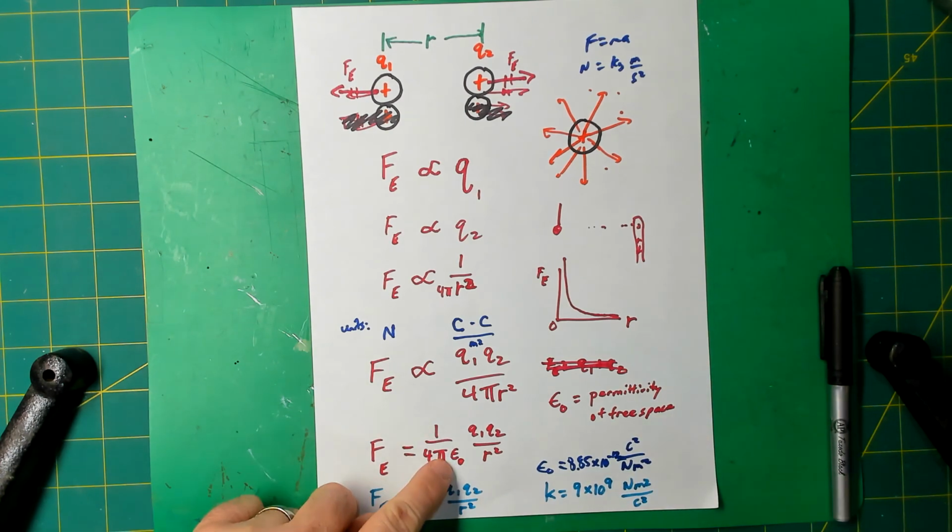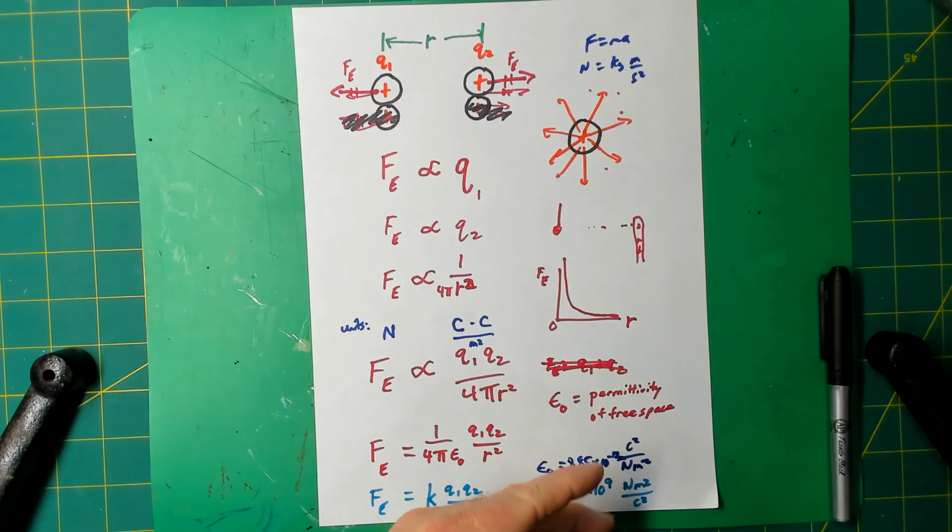See how the epsilon's in the bottom, this is on top, so the units are flipped upside down. Anyway, 9 times 10 to the 9 is really easy to remember and easy to work with. So a lot of times we'll just work with that in first year physics.